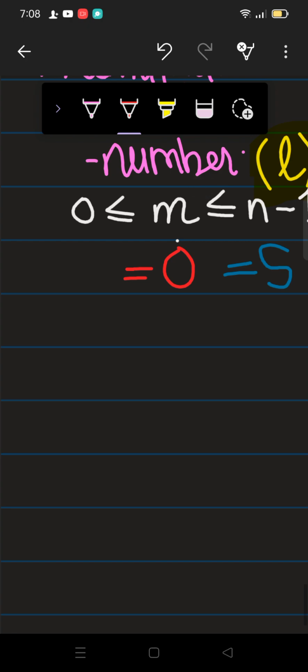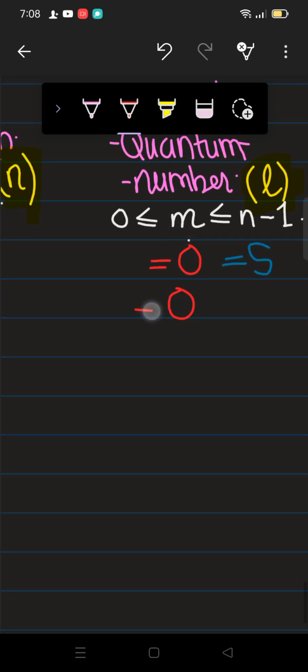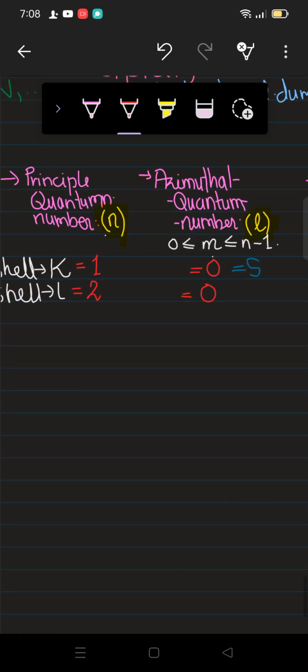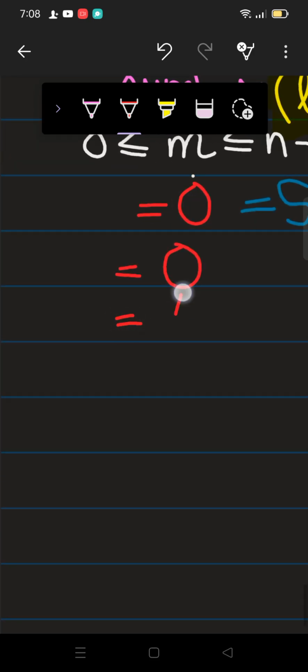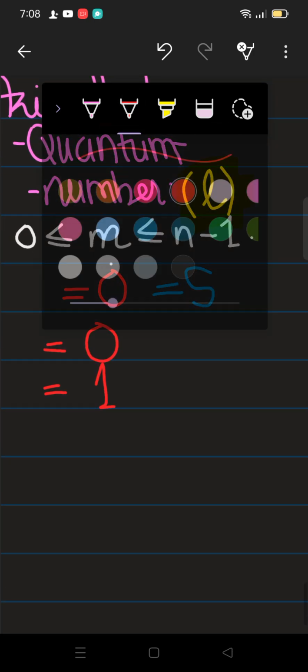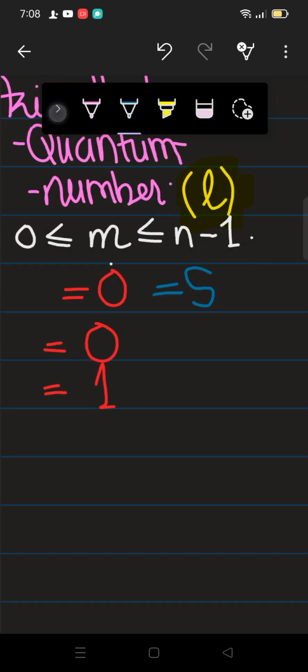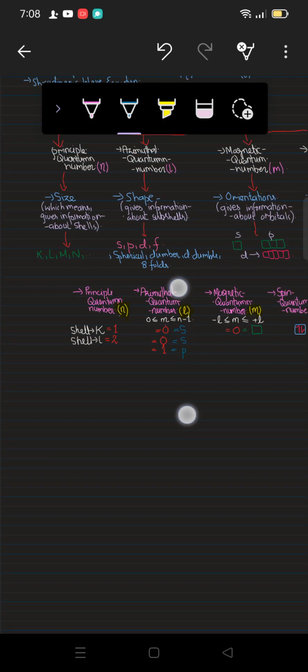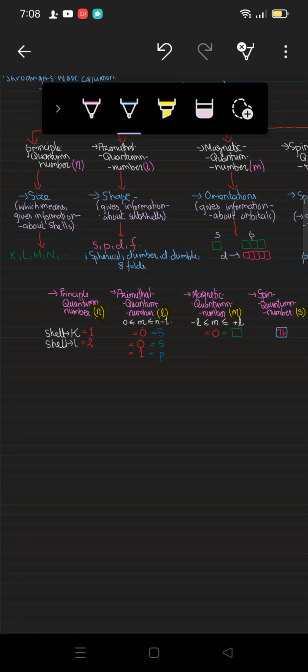Which means here we're gonna have 0 and n minus 1. So n is 2, minus 1 means 1, which means here 1 is included as well, right? So 0 and 1, which means here we will have S and 1 means P. So here we have two subshells, S and P.